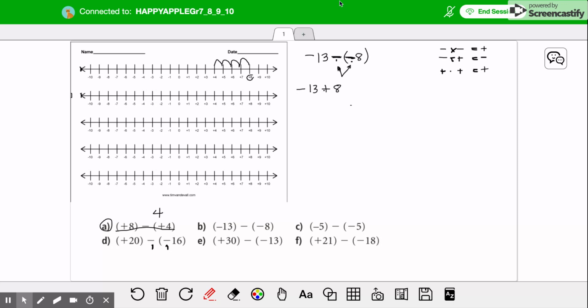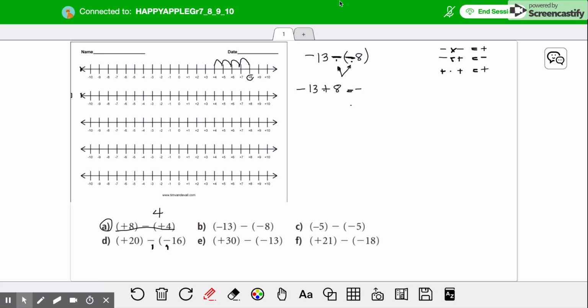So you were doing it right, -12, -11, but you have to keep track of 8. So -12, -11, -10, -9, -8, -7, -6, -5. All right, got it.